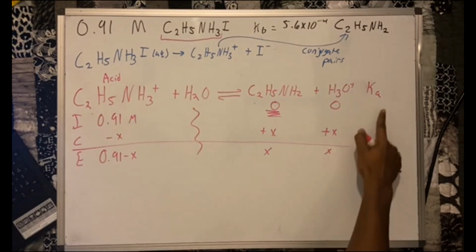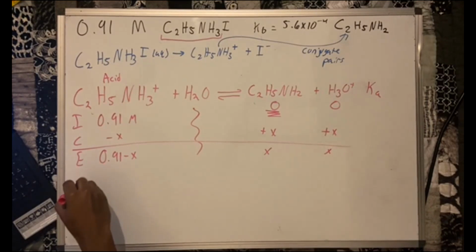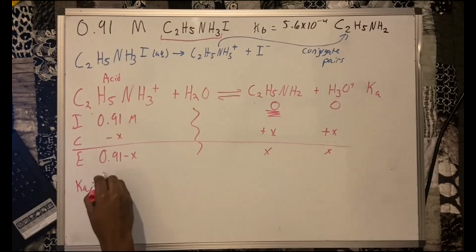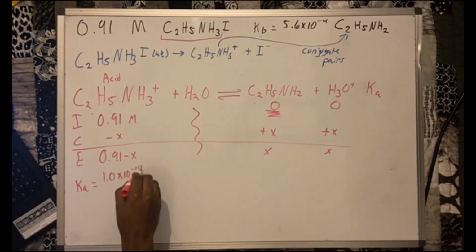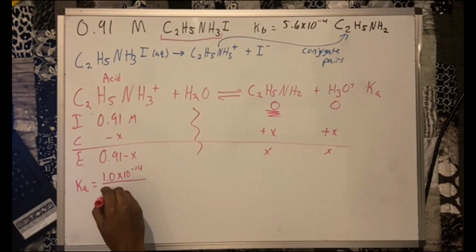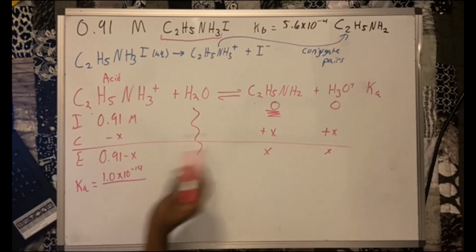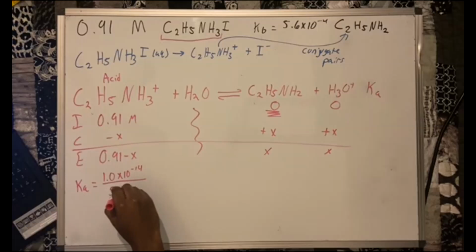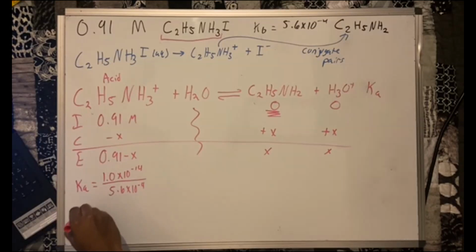So Ka is 1.0 times 10 to the negative 14, my Kw, over the Kb up there, 5.6 times 10 to the negative 4.